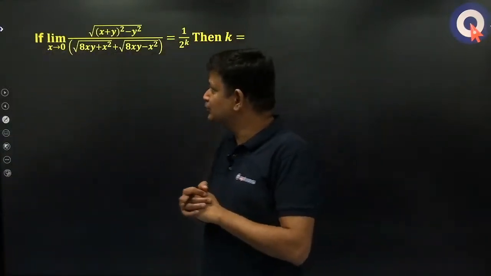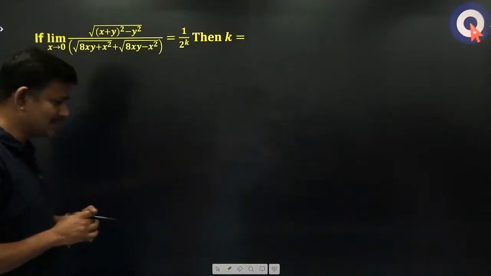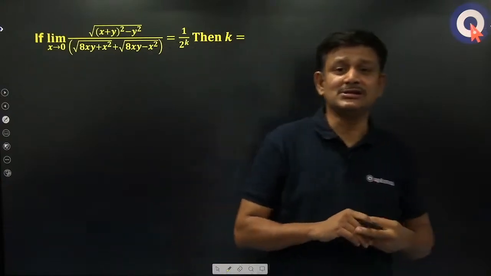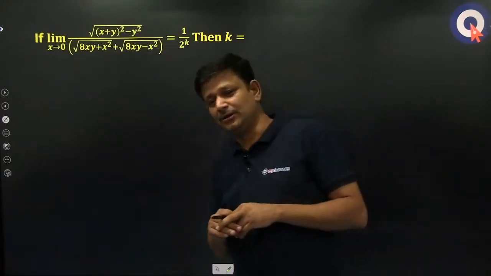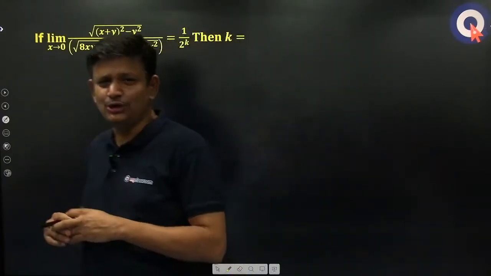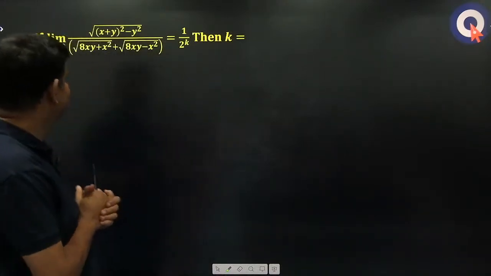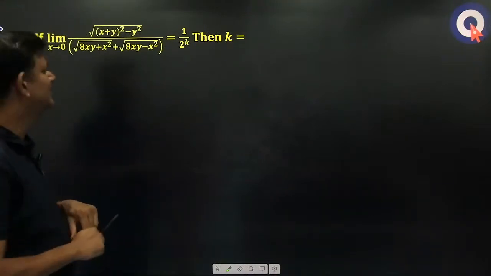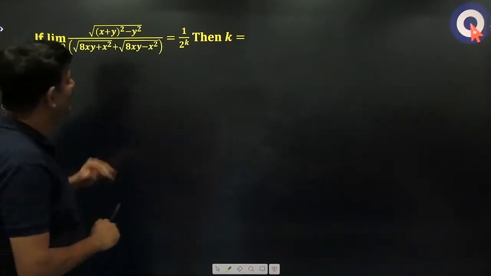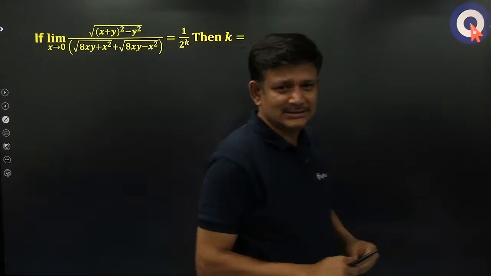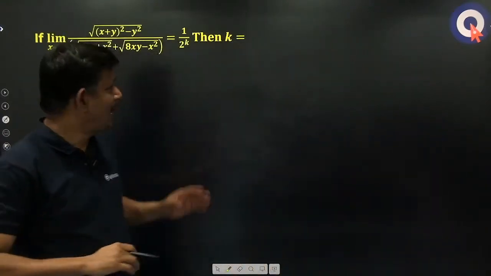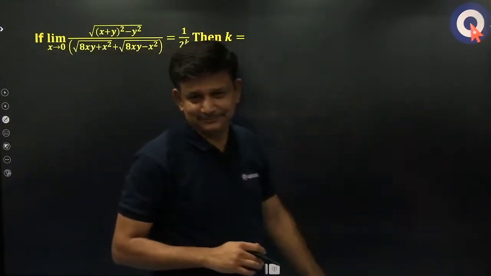Another question, limit x tending to 0. See, in this question again, the reason for me to discuss it is that many questions look complicated, but they are not. Here you can see two variables in the question. Two variables are trying to make it very complicated, but there is a hint in that question that the limit is only on x and finally there is no y to be seen.